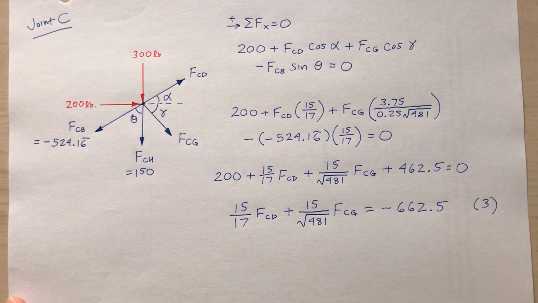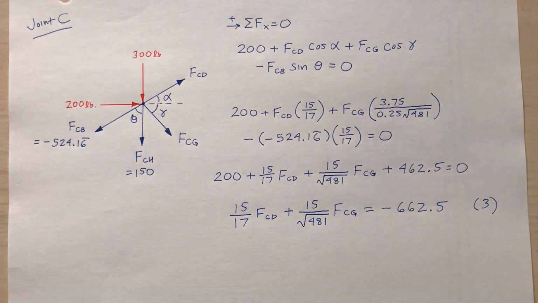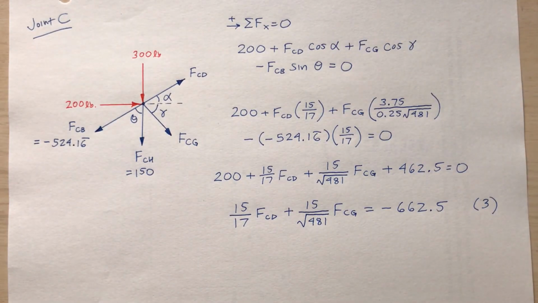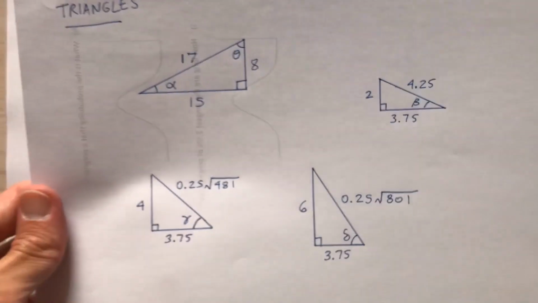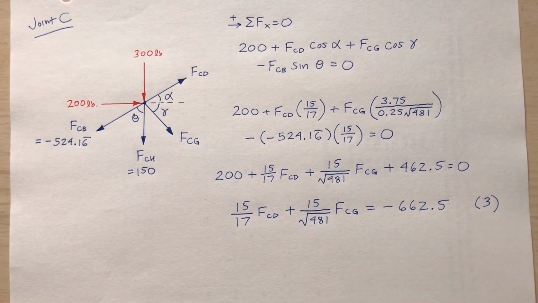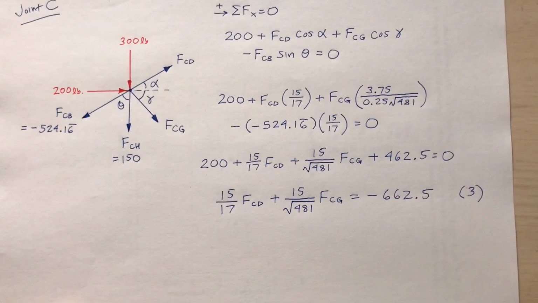So taking the sum of the forces in the x direction, I have this messy looking equation. You know where I'm getting all the cosine alpha, cosine gamma from? Remember that illustration with all the special triangles? Remember this? Okay, so putting all this together, I wind up with what I call equation 3. One equation and two unknowns, F sub CD and F sub CG. So I need to find the sum of the forces in the y direction to give me the second equation.